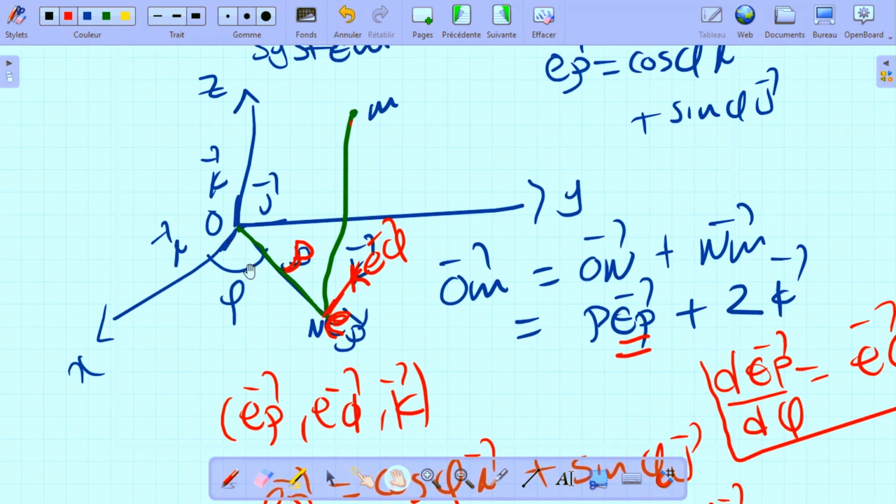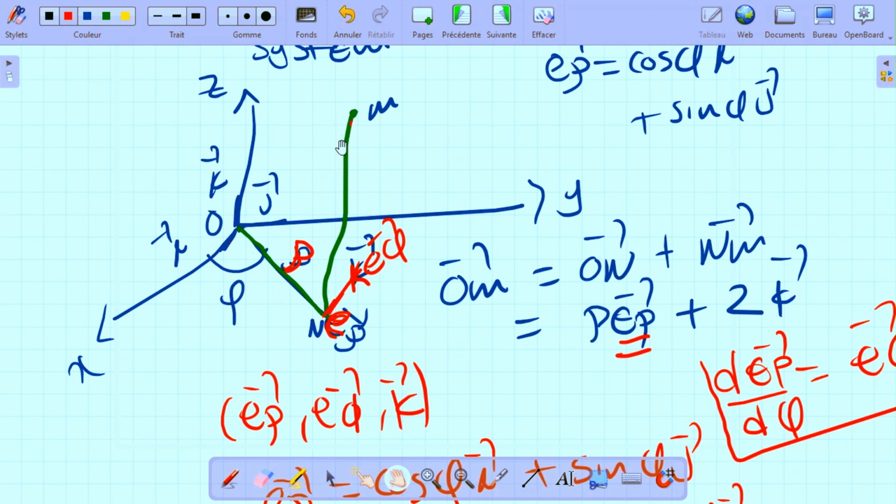So this is everything that you need to know about the système de coordonnées cylindriques. The first thing is identifying the point M. This is rho, this is the angle phi, then going upwards is parallel to the z direction.